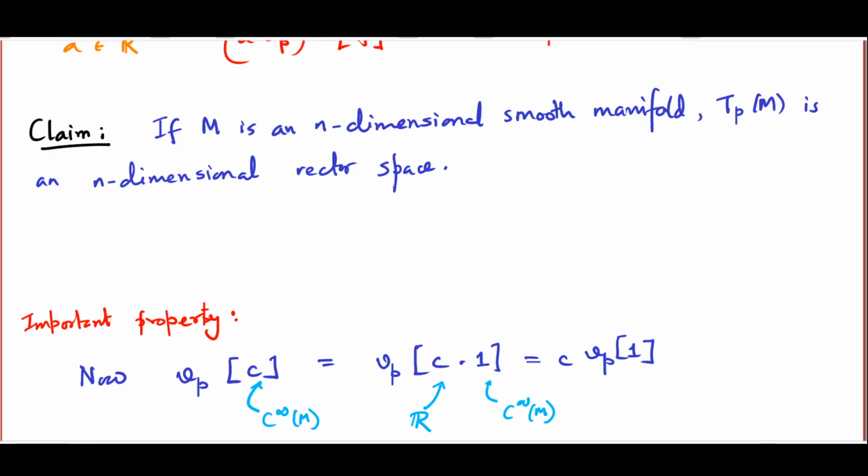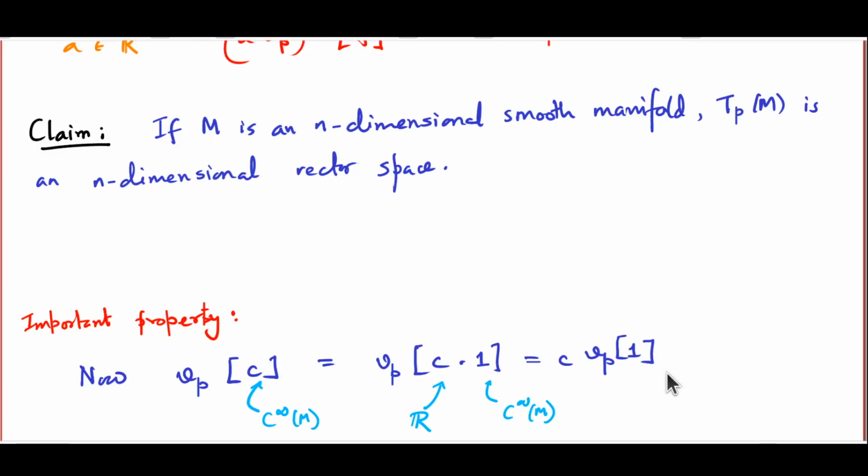So note that C here is actually different from the C here. This C is a function, this C is a real number. Of course, using the linearity property of tangent vectors, this immediately translates to C times Vp acting on 1.